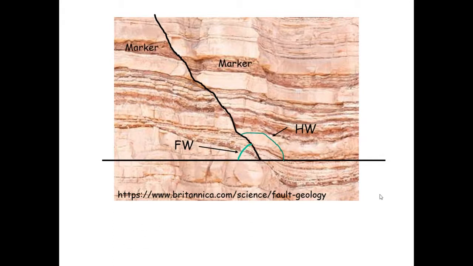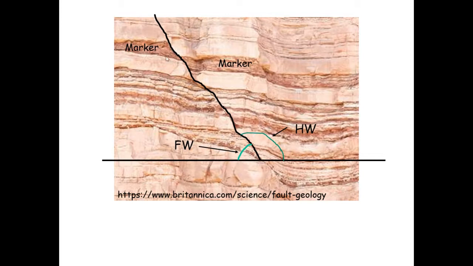When you determine which side has moved up relative to the other, you try and look for a marker bed. A marker bed is something that is easily correlated across the fault line. I've chosen these two darker bands at the top of this image to indicate the marker bed. So as I go across the hanging wall, which way do I have to go to correlate this marker layer?